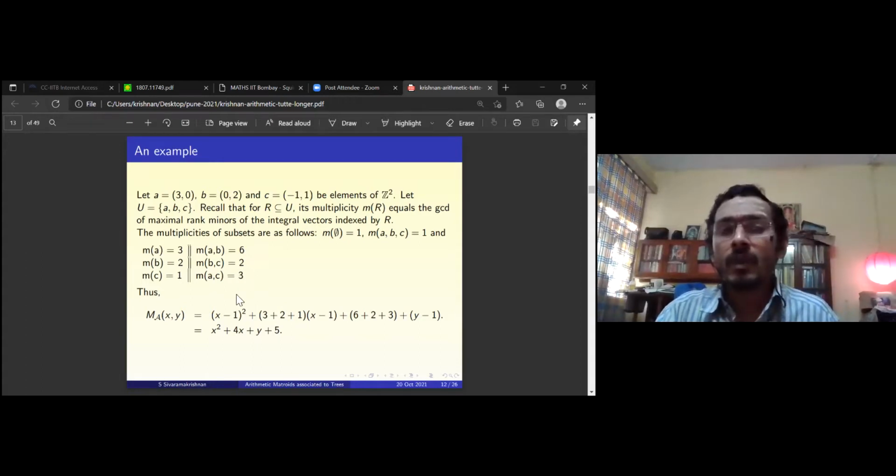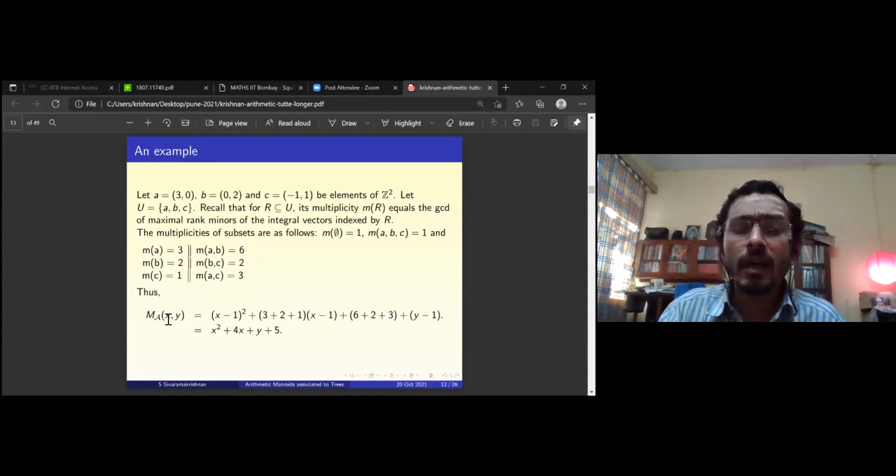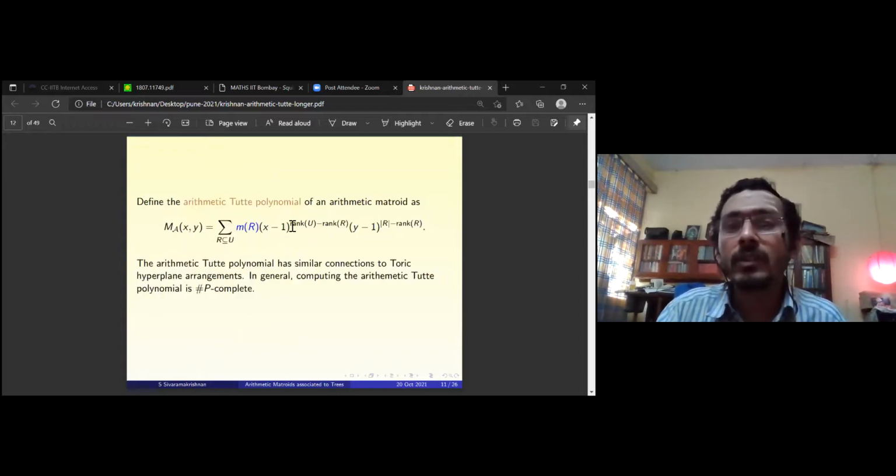Okay. So if you look at the arithmetic Tutte polynomial M_A of x, y, the term corresponding to the empty set gives x minus 1 squared. Here all possible subsets are there in the matroid. Why do we get x minus 1 squared? It's x minus 1 to the power rank of U minus rank of R. When you take R equal to the empty set, rank of R is 0, and rank of U is 2.